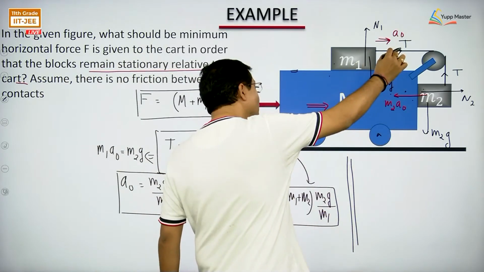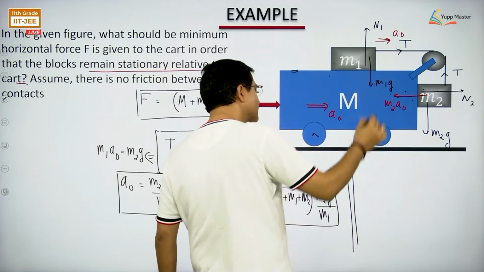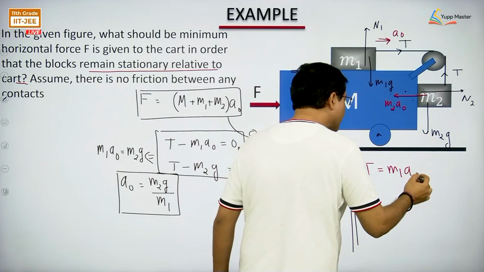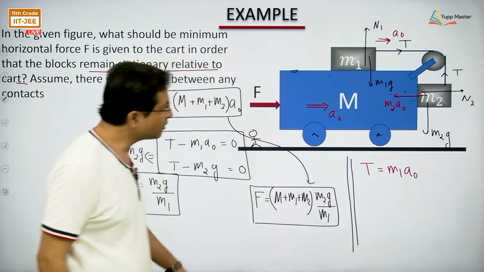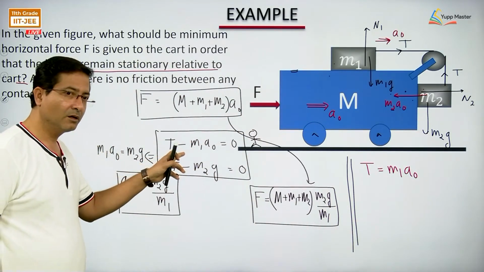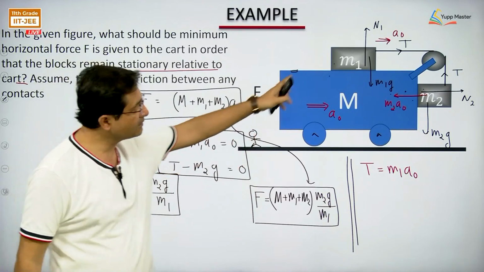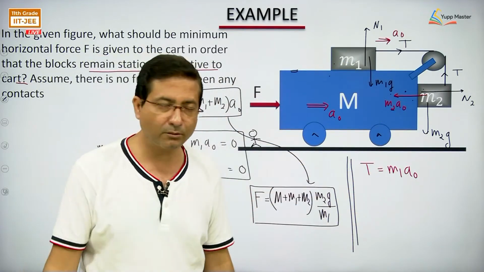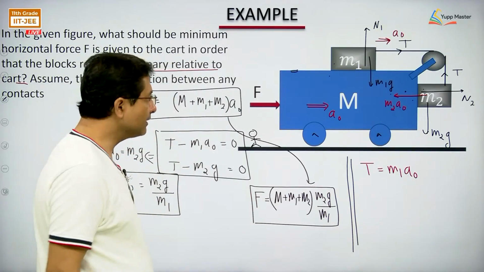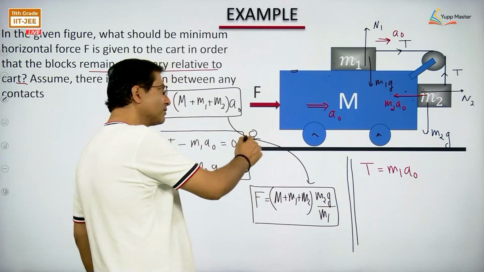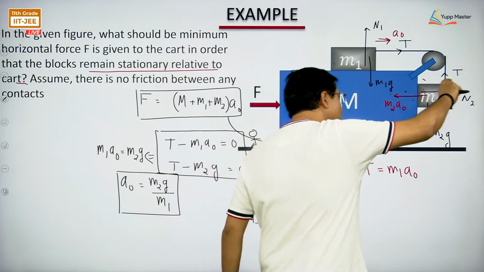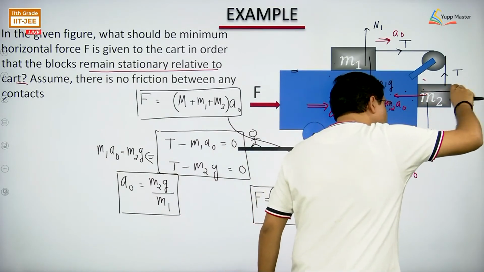So this is the only unbalanced force which will provide this acceleration. So first equation he will write: T is equal to m1 A naught. So instead of Newton's first law, now the person standing on the ground is applying Newton's second law on the block, because he observes the motion. Similarly, this observer observes that block will remain at the same height and keep moving in this direction.